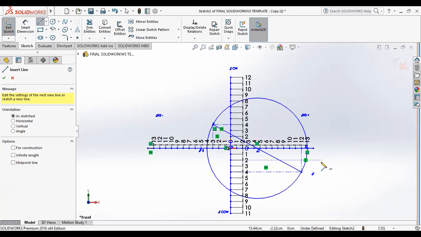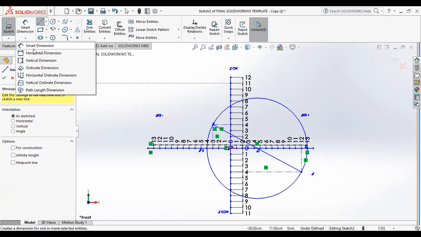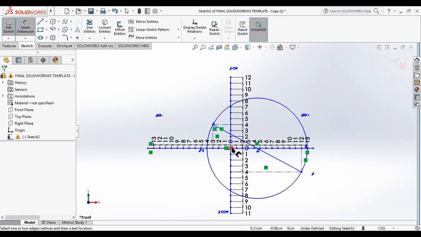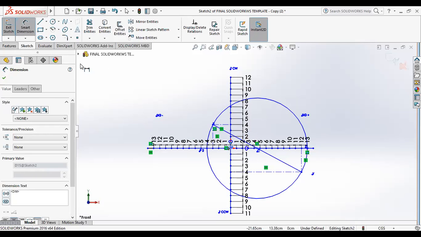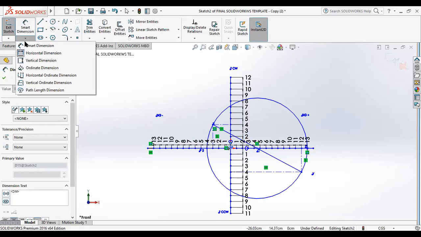I'll try to measure it with smart dimension, vertical dimension, horizontal dimension. Since I've already dimensioned it, it is not taking. But you can see from the graph sheet.